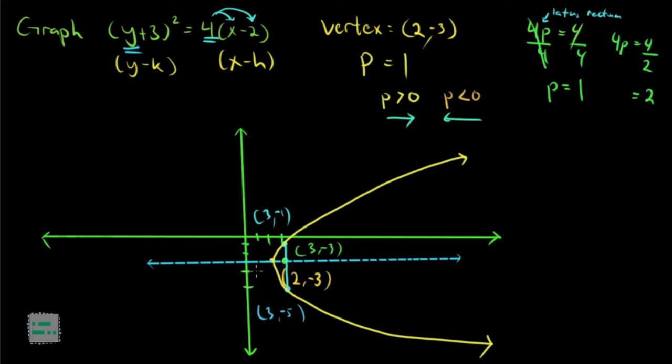Nasa labas naman nun, same unit away from the vertex, si directrix. So, in this example's case, p is 1. From the vertex papuntang focus, 1 unit din mula sa vertex papunta sa directrix, sa labas naman.